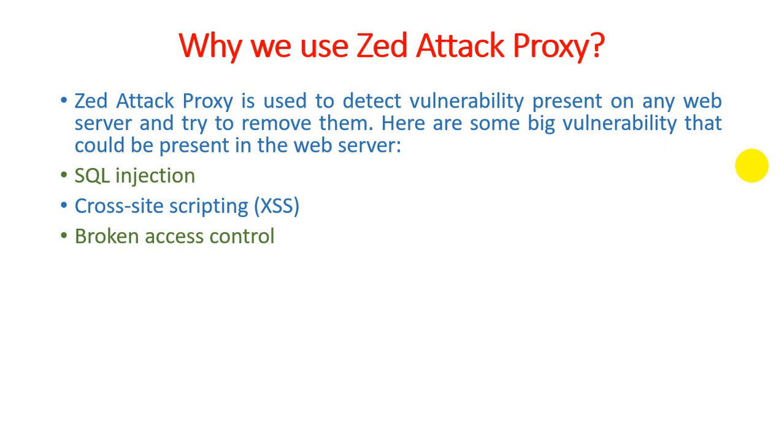We provide some restrictions on particular web pages, like if an admin user has all the rights, an end user should never get access to another user's permissions. So if someone tries to become an admin user, that is known as broken access control.